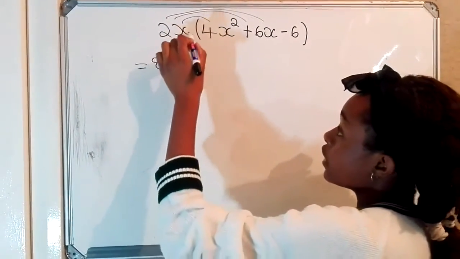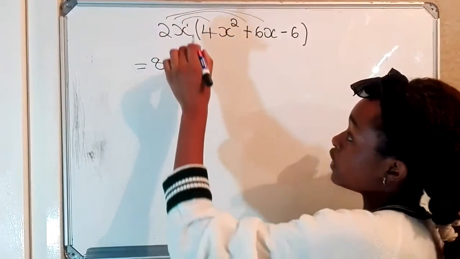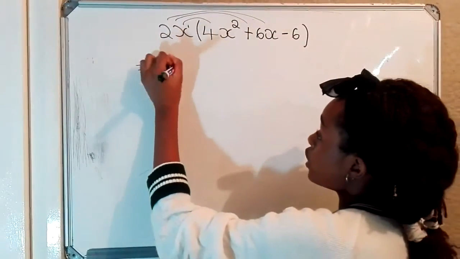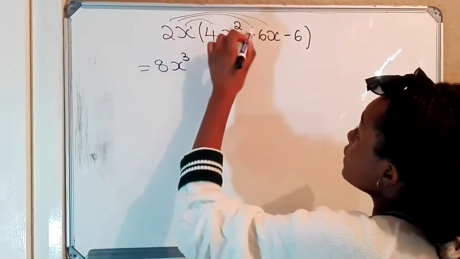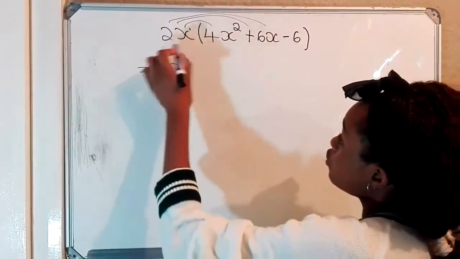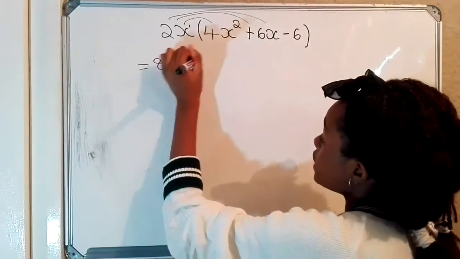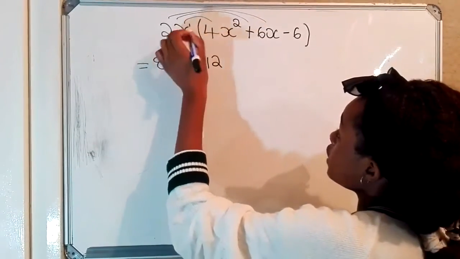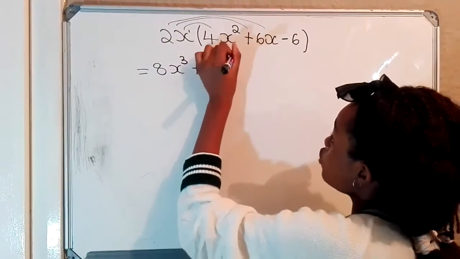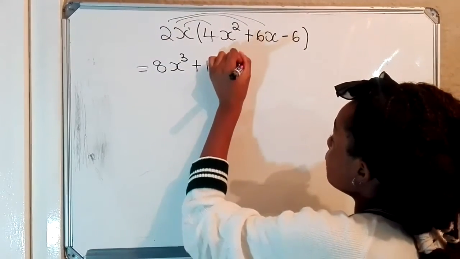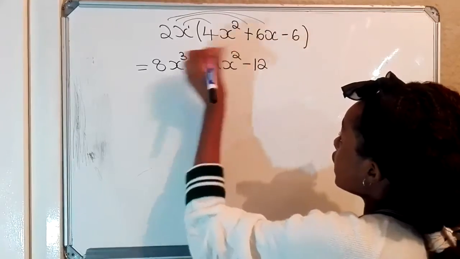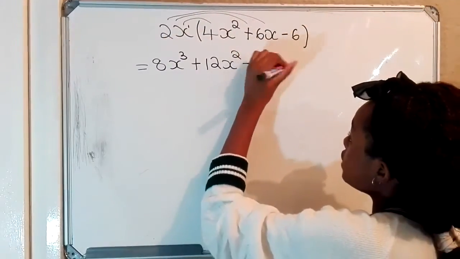We add the exponents, so there's 1 over there, so 1 plus 2 gives you 3, so we have 8x cubed. 2x times 6x, 2 times 6 gives you an answer of plus 12, we add the exponents, so we're going to have x squared. 2 times minus 6 gives you an answer of minus 12, and we have just x.